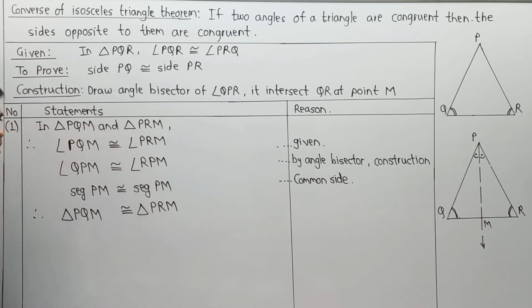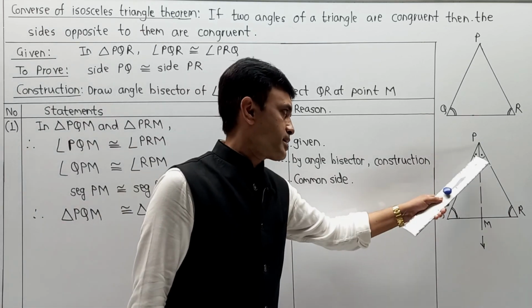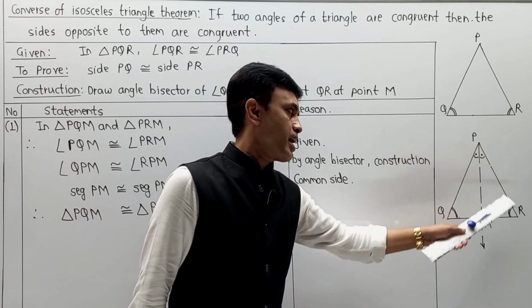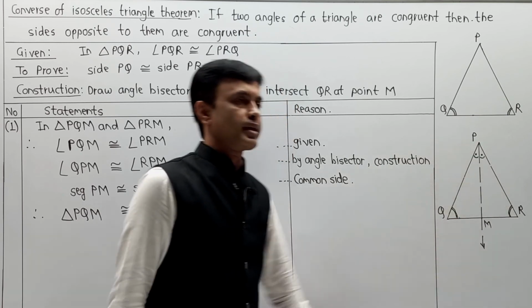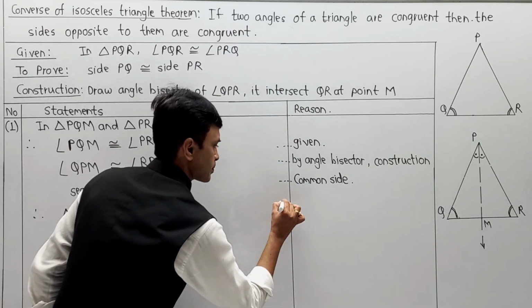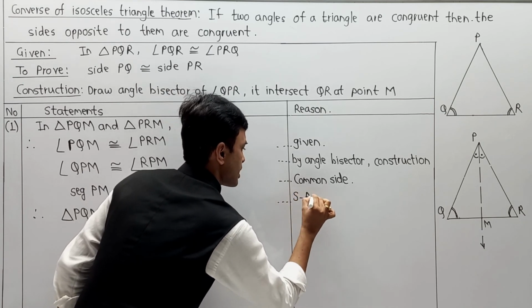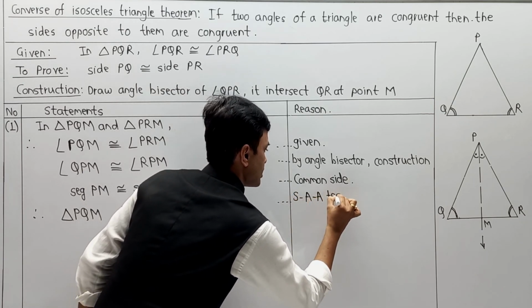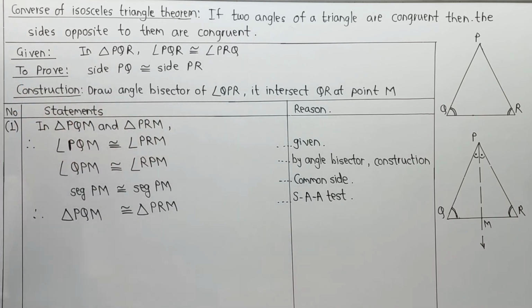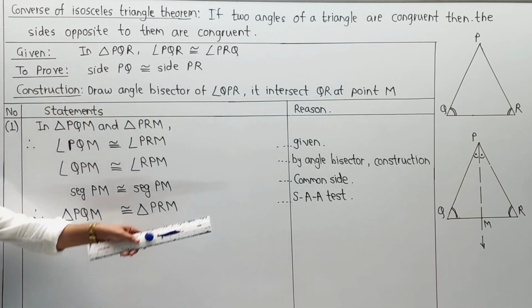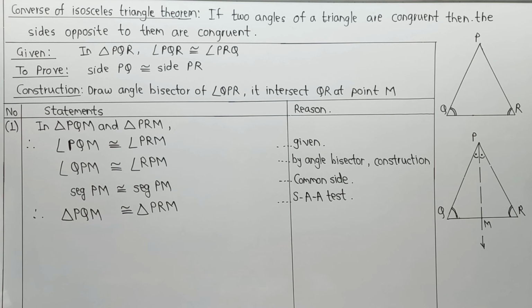And the test is SAA, test of congruency. Now, when two triangles are congruent by any particular test, then their respective sides and respective angles must be congruent.